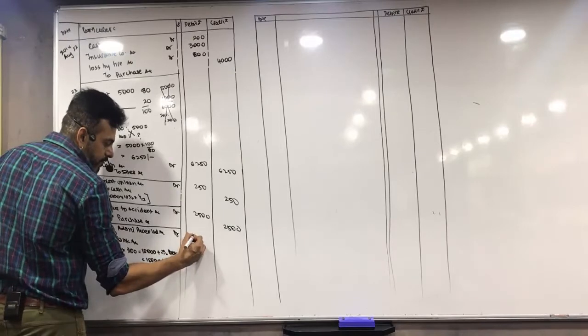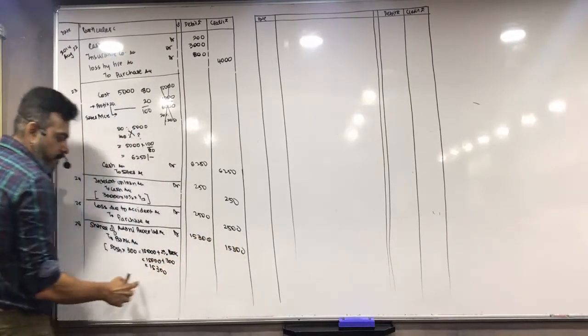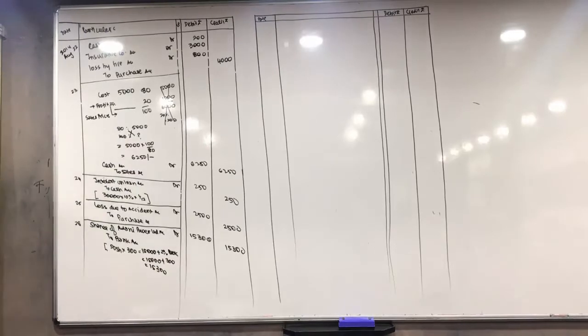So write the amount 15,300. Do the working also, so that you don't forget how the amount came. You can also do it on the calculator: 50 into 300 plus 2%.